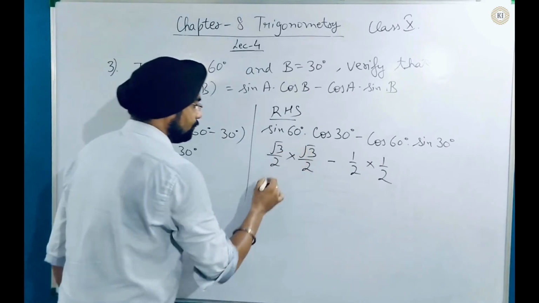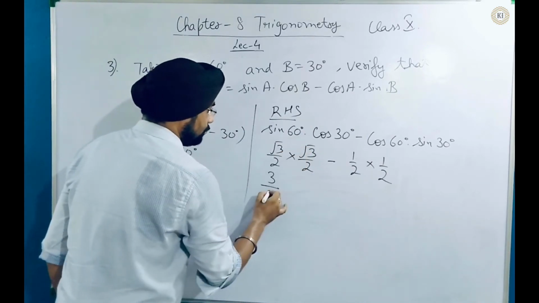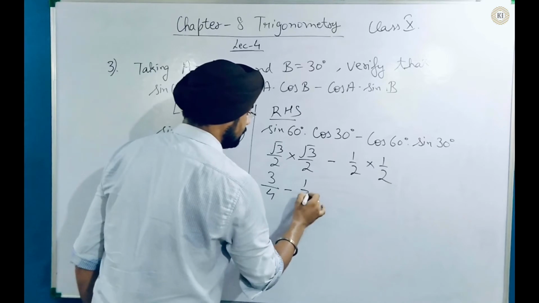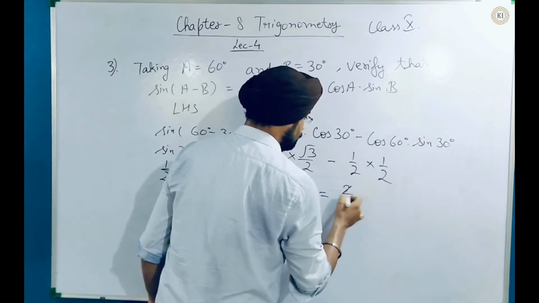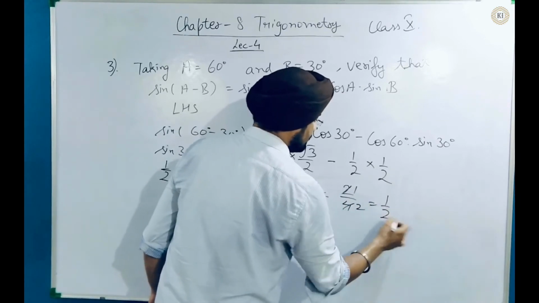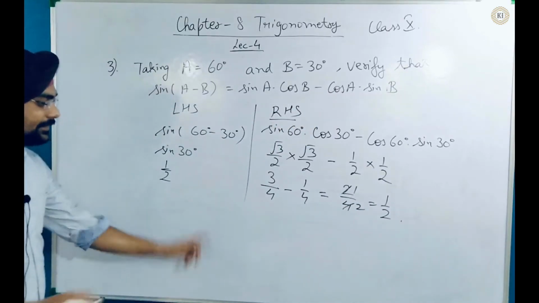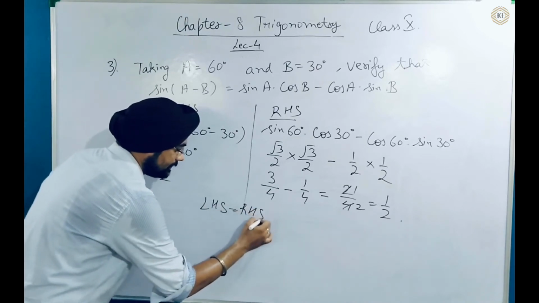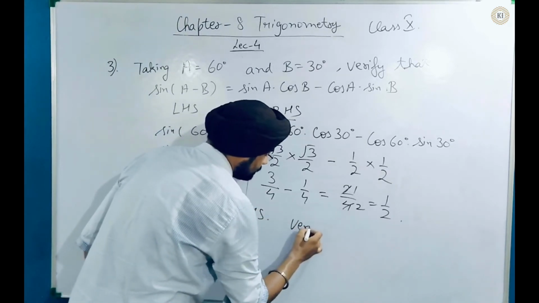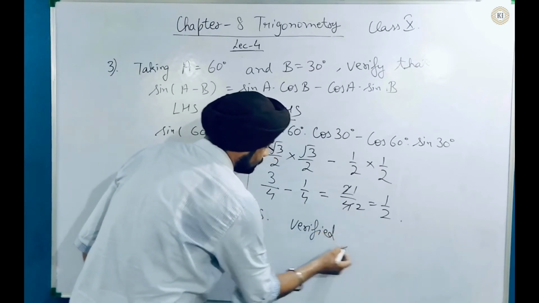Now root 3 into root 3 is 3, 2 into 2 is 4, minus 1 upon 4. It will come 3 minus 1, 2 upon 4, that is 1 by 2. So you can see that left hand side is equal to right hand side, so it is verified.